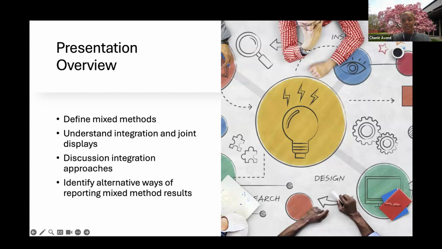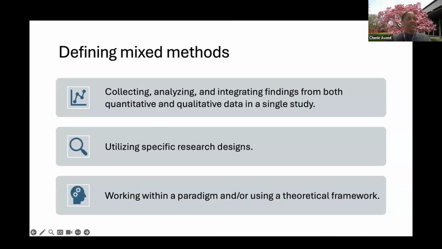I want to begin by defining mixed methods because I think the field of mixed methods is still considered a very young field. Its formalization between the 1960s and 1970s, particularly here in the United States, came about as a result of some discontentment with government programs, how they were being reported, and what we were learning.